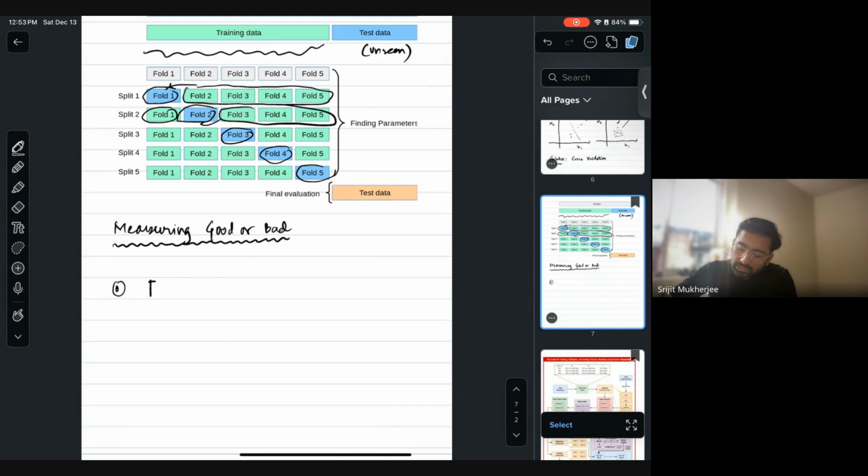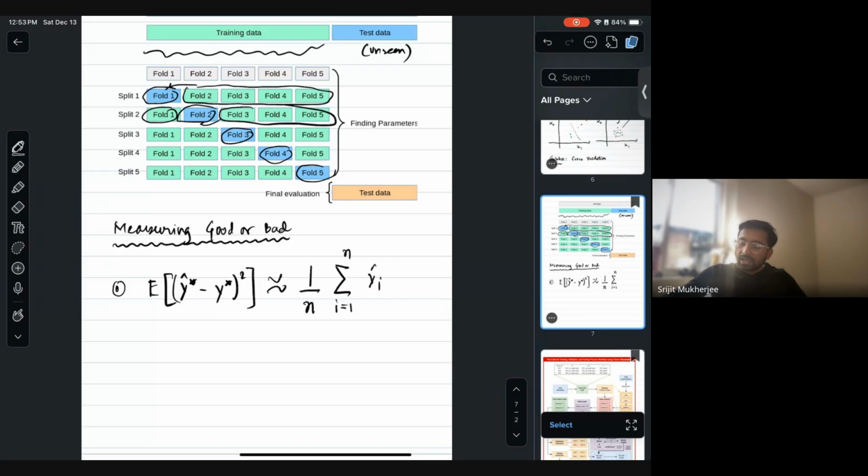We want to measure the expectation of (y star hat minus y star) whole square, the average. So what is a good approximate of that? 1 by n summation of (yi hat val minus yi val) whole square.